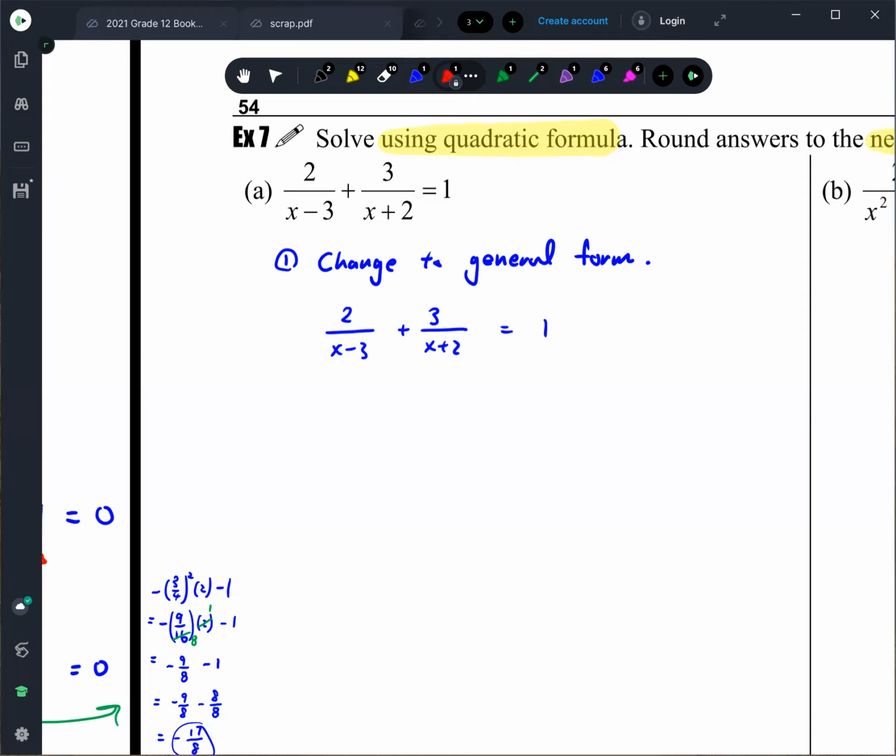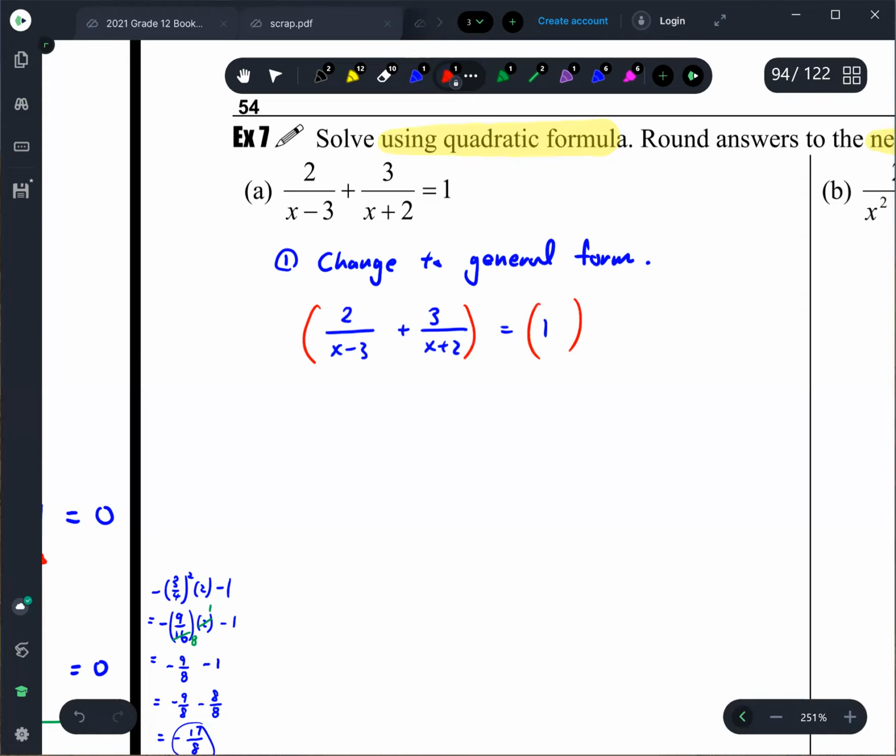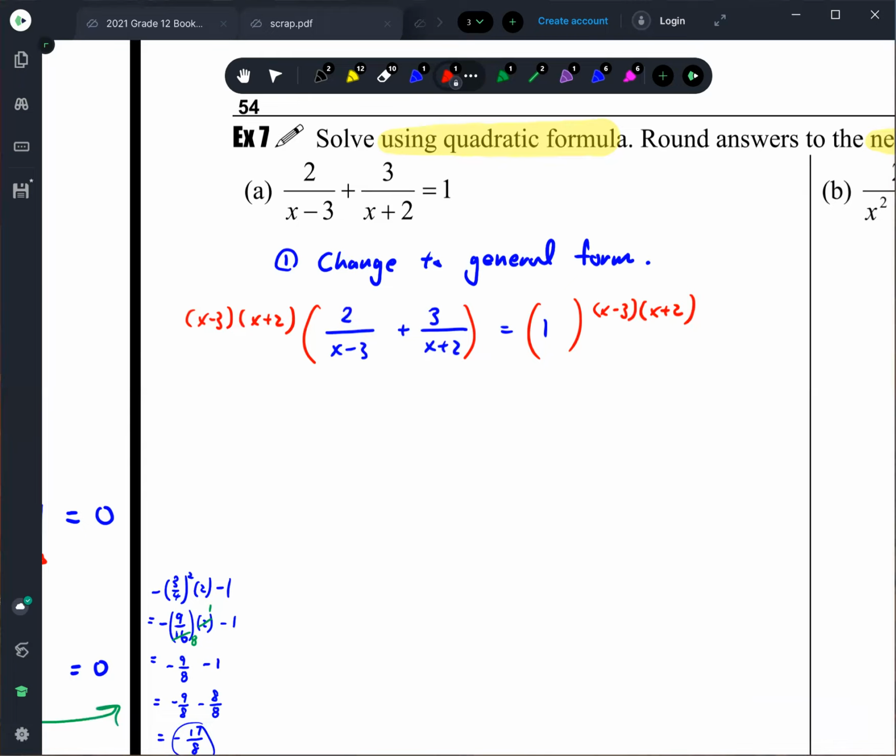Multiply both sides by x minus 3 and x plus 2. Very good. Common denominator. Okay, we have one person who got a general form.